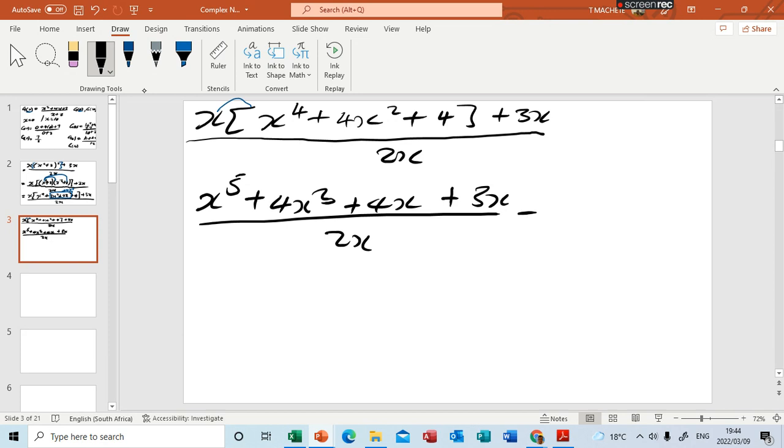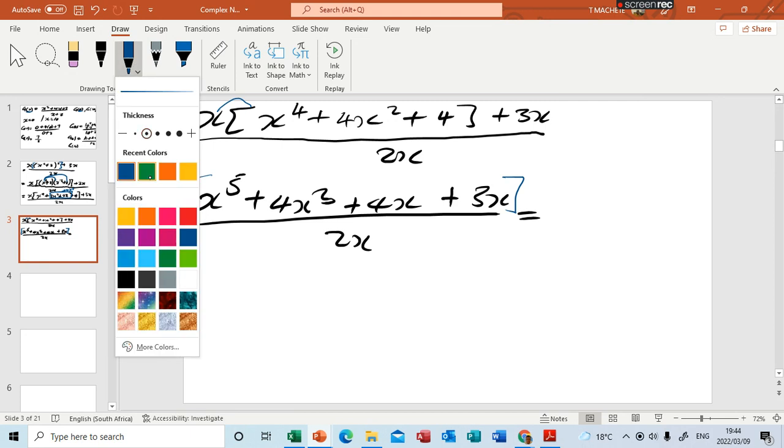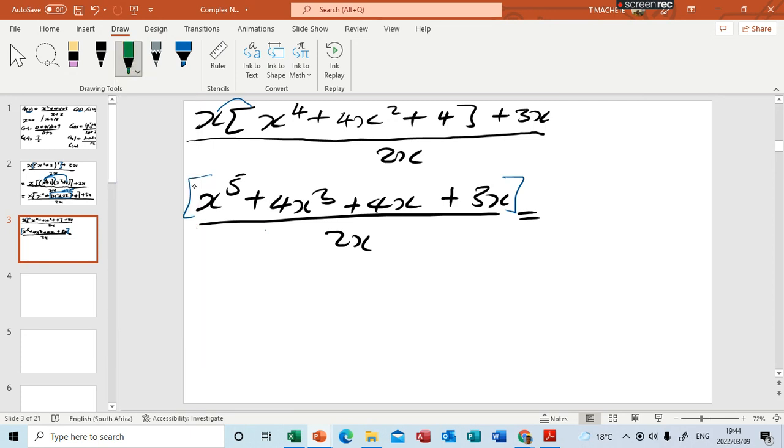So now you focus on the numerator first. Let's add the like terms here. You have to identify the like terms. So the like terms are 4x and 3x. You add them. So you're going to have x to the power 5 plus 4x cubed plus 7x. Then you divide everything by 2x.